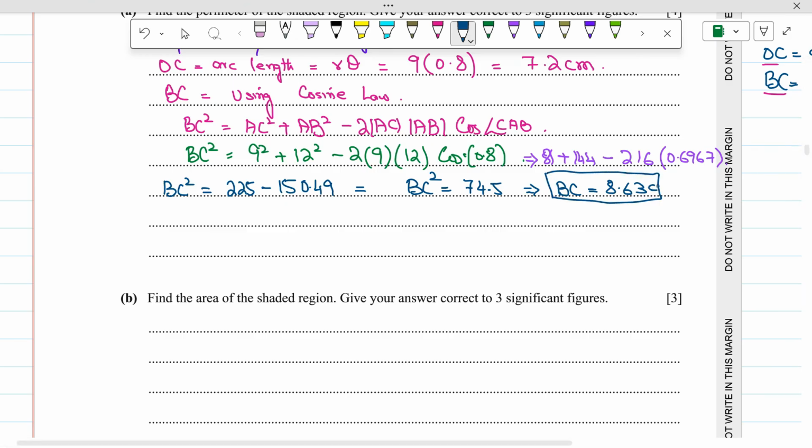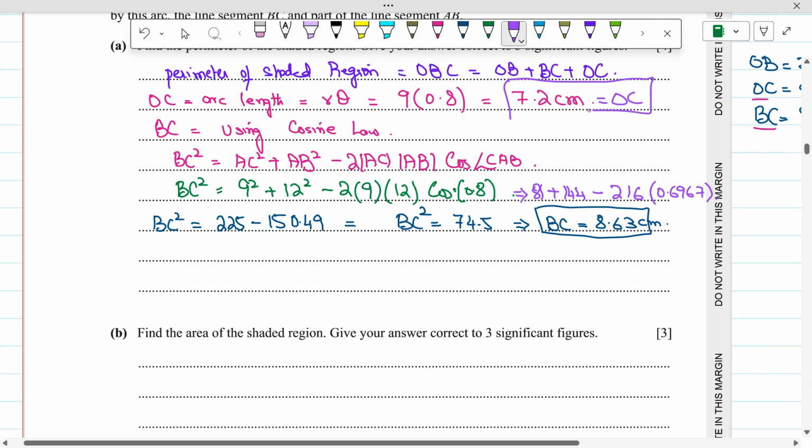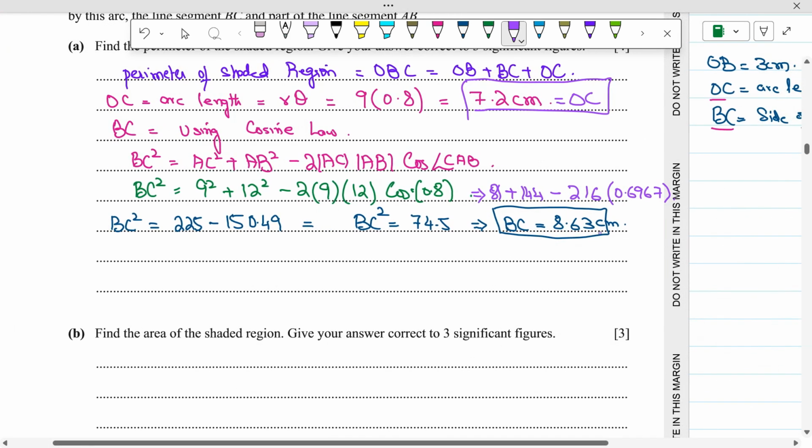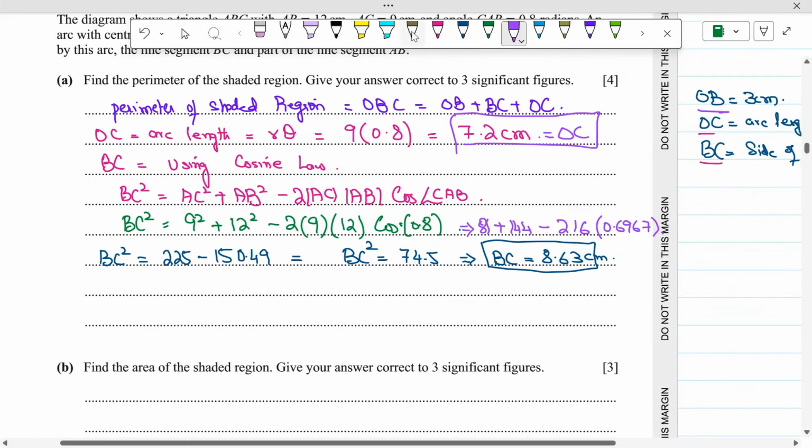So we have OC, which was 7.2 centimeters. We have BC, which is 8.63, and we already have OB, which is 3 centimeters. So we can find the perimeter.